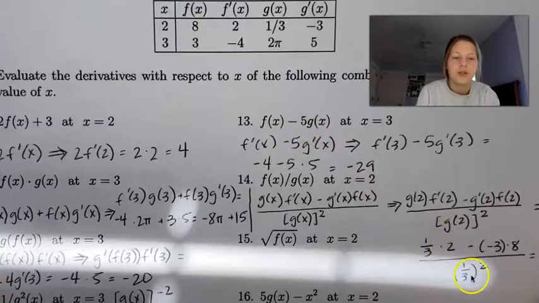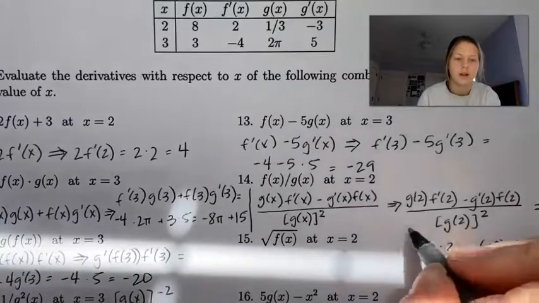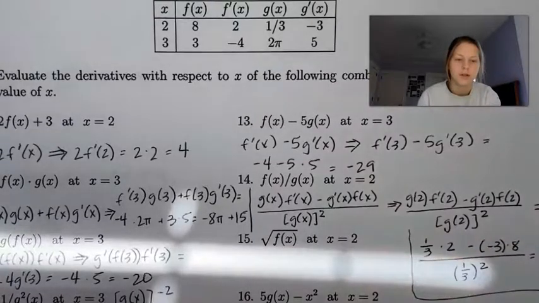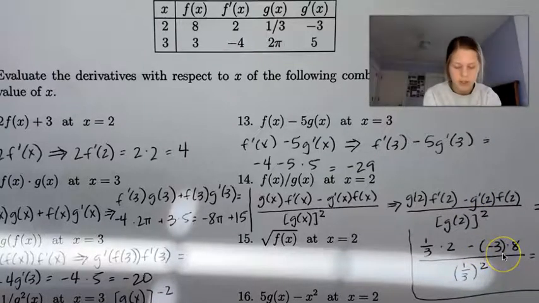And then g of 2 again is 1/3 squared. So we get this fraction, and then we will end up with the final answer of, well, I guess it cut out of the video, but the final answer for this one is 222.